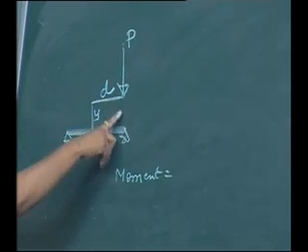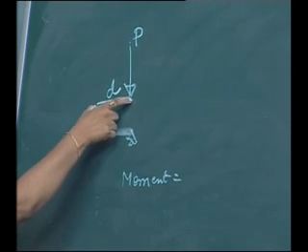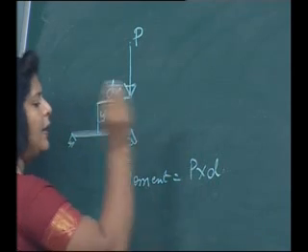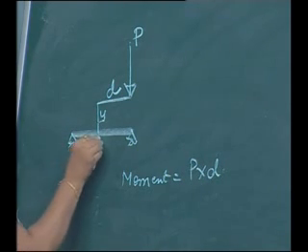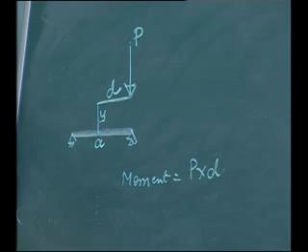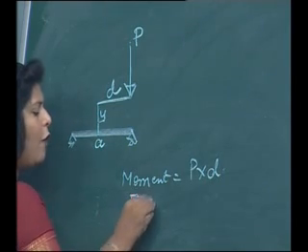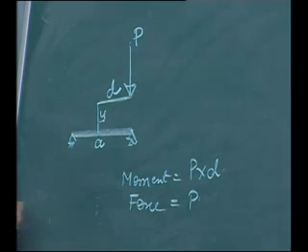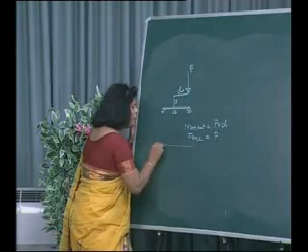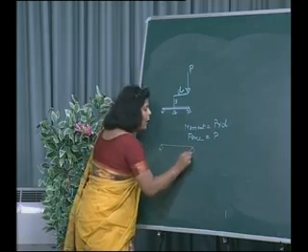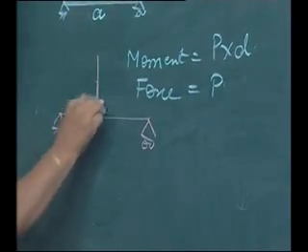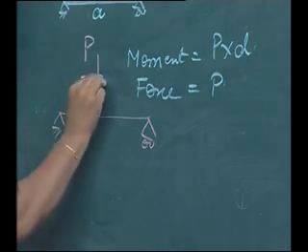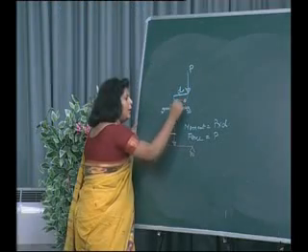Moment is force into perpendicular distance. My force is vertical, so the perpendicular distance will be horizontal. So we will take it as P into D. That will be the moment which will act at our point A, and second will be a force of intensity P. So at this particular point I can show in my free body diagram that there will be one vertical force P, and second is a couple, because it is rotating in clockwise direction.